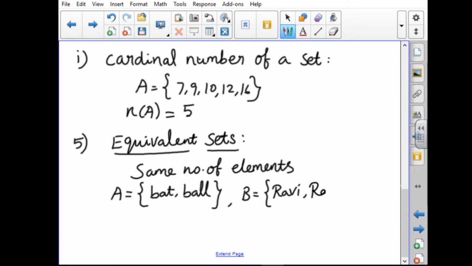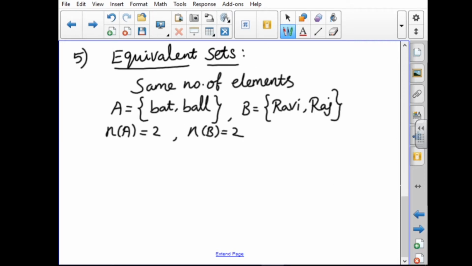Here n(A), the cardinal number of A, the number of elements in A, is equal to 2, and n(B) is equal to 2. So each set has an equal number of elements. n(A) is equal to n(B), that is, the cardinal numbers are equal. The number of elements are equal, so the two sets are called equivalent sets. The number of elements should be equal.